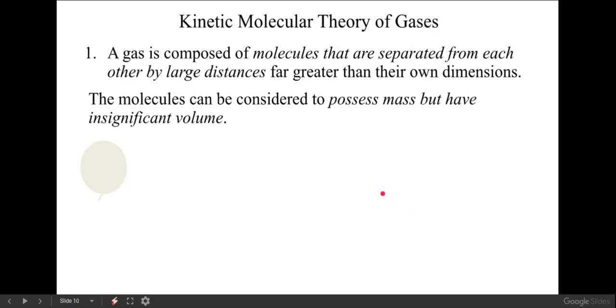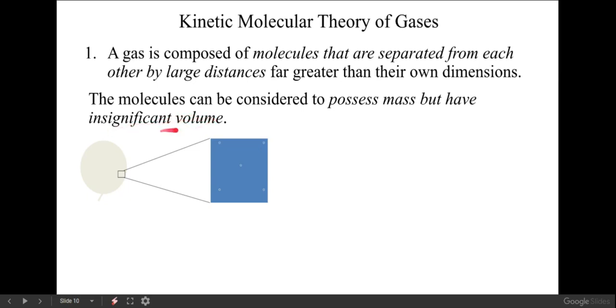So the first one: gas is made up of molecules that are separated from each other by very large distances compared to their own dimensions. And so what we mean by that is if here's a sample of gas, when you zoom in, each particle is considerably farther from other particles in comparison to their own volume.